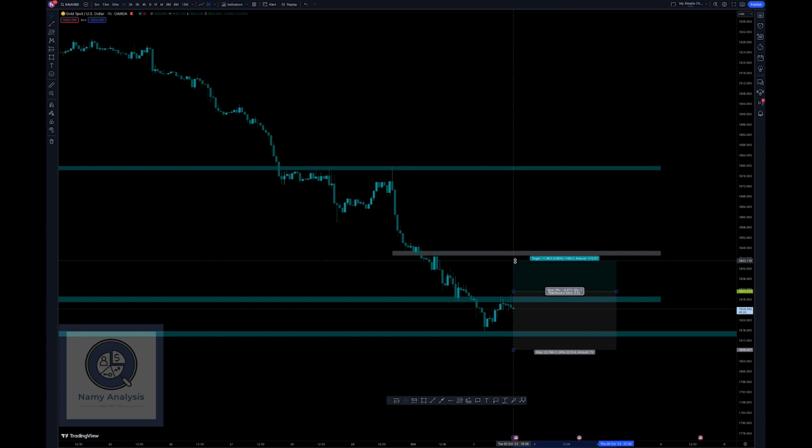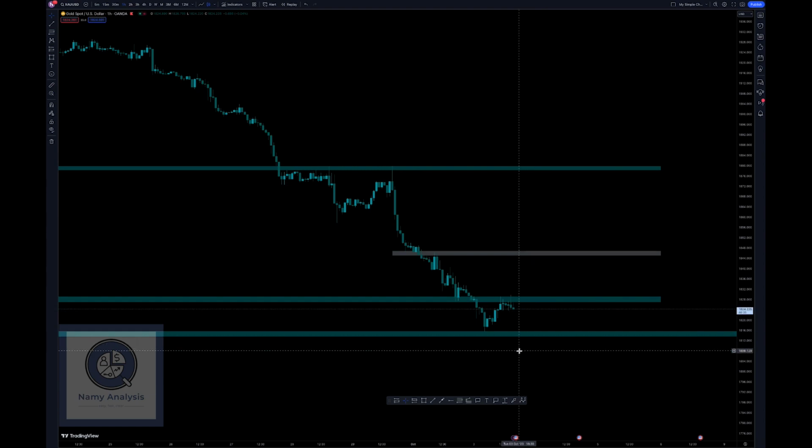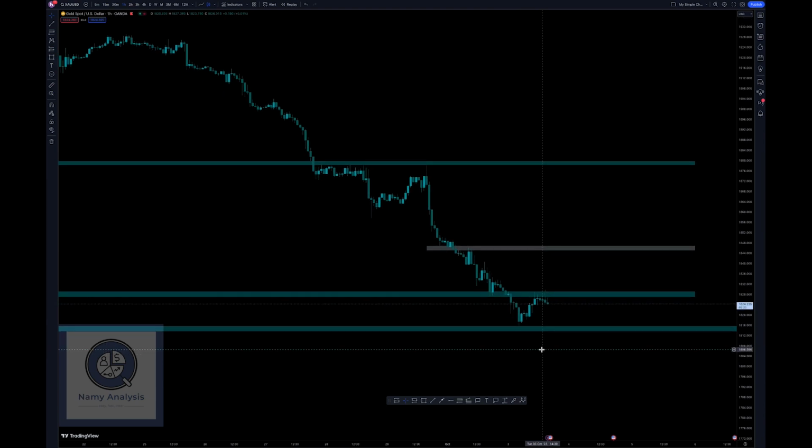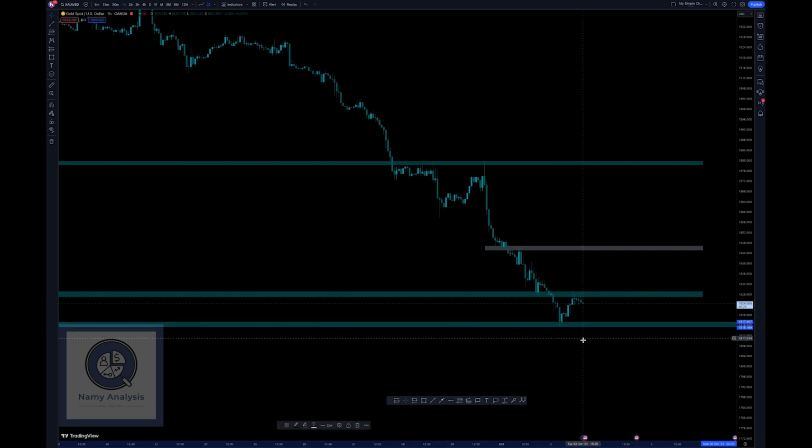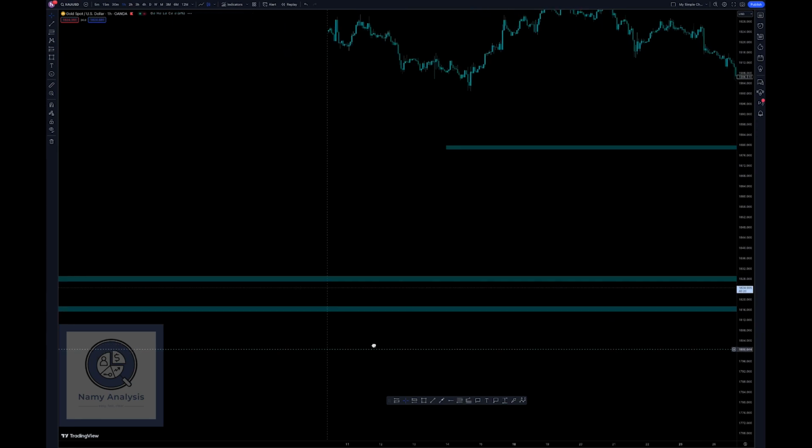My TP is going to be around 1842, 43-ish, and my stop loss is going to be below this area. My next scenario is if I see any momentum to pass this support here, to break it here.